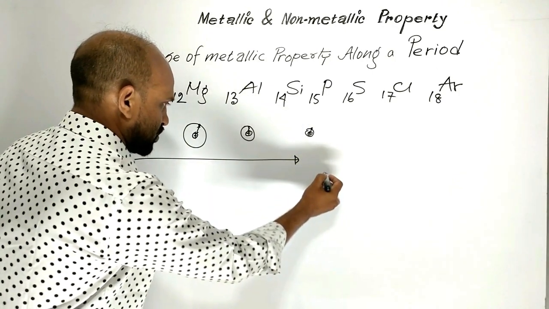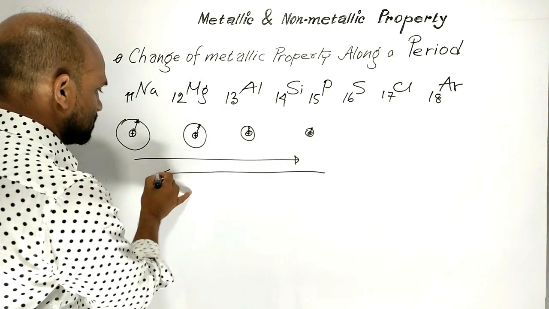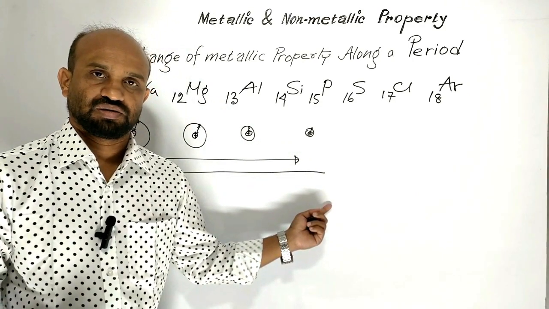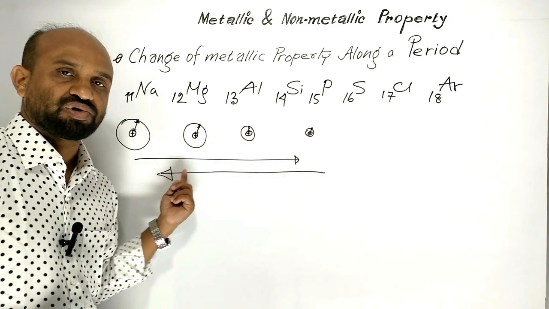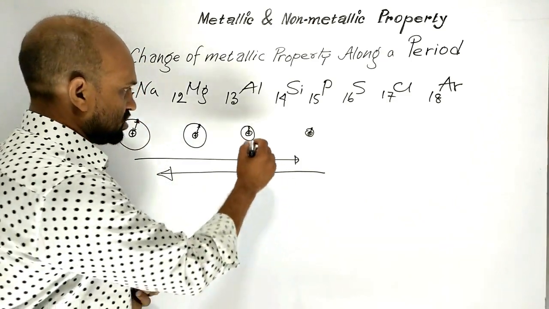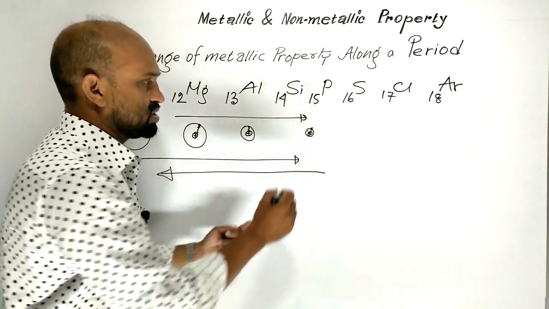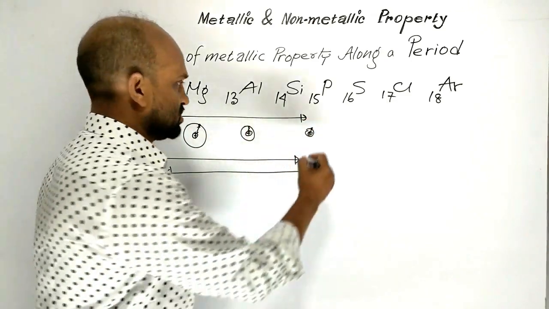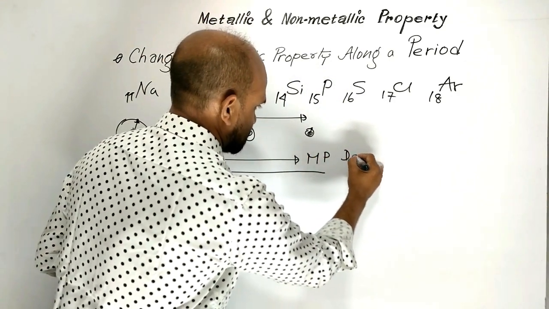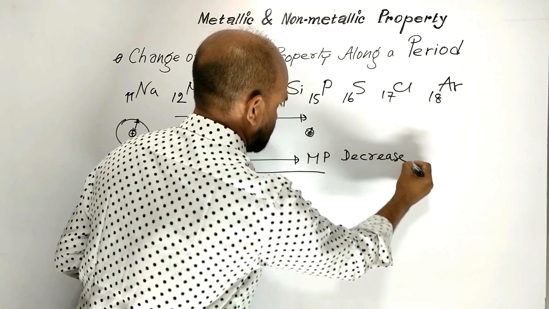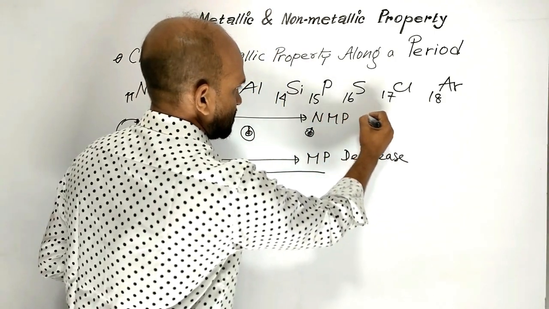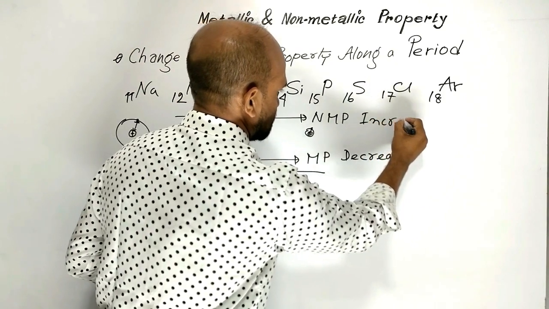So we can say that from left to right, metallic property decreases, and at the same time, from right to left, non-metallic property decreases. From left to right, metallic property decreases, but non-metallic property increases.